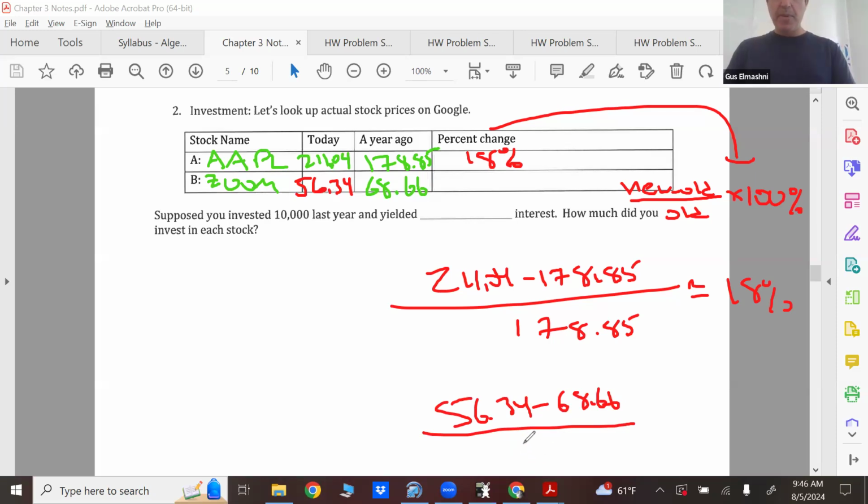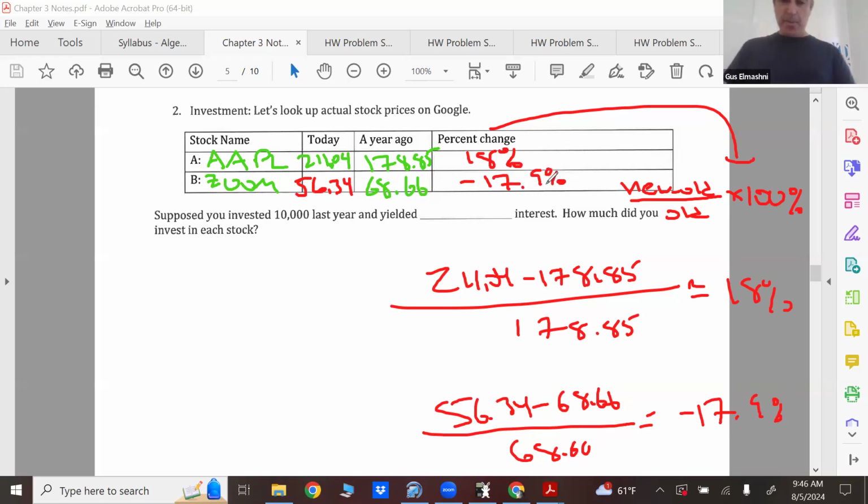Always divide by the old. Oh, interesting. It's negative 17.9%. It's kind of going the opposite direction. Okay, so it clearly lost money on one, but made money on the other.